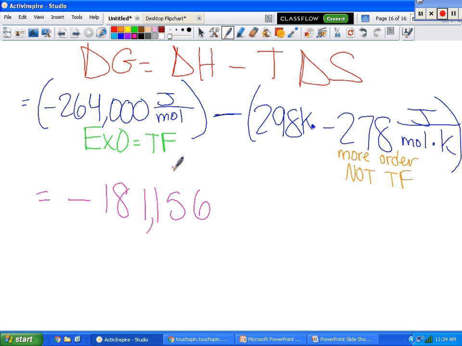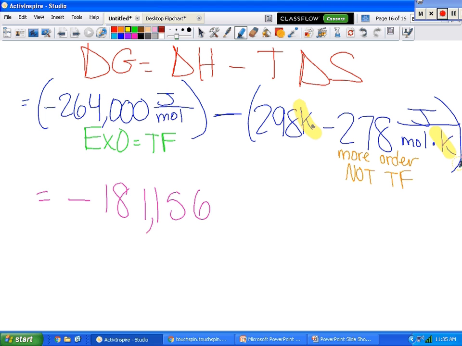Now here's the deal. What unit would that be in? Stay with me. Cancel. You still have joules over mole because it's subtraction, not multiplication or division.